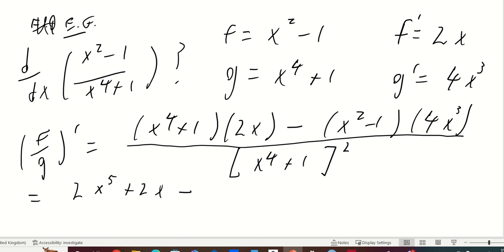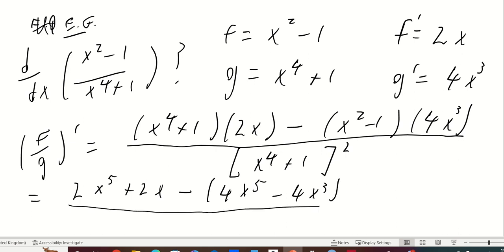Then we will subtract, just put a bracket here, 4x to the 5 minus 4x cubed, all over, if we multiply out (x to the 4 plus 1) squared, we will get x to the 8 plus 2 times x to the 4 plus 1. So we can just leave it as that.